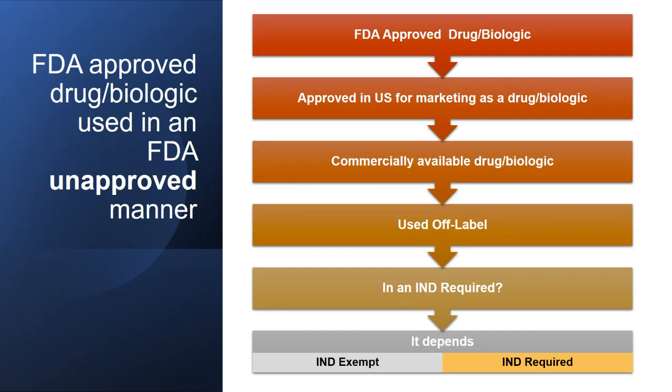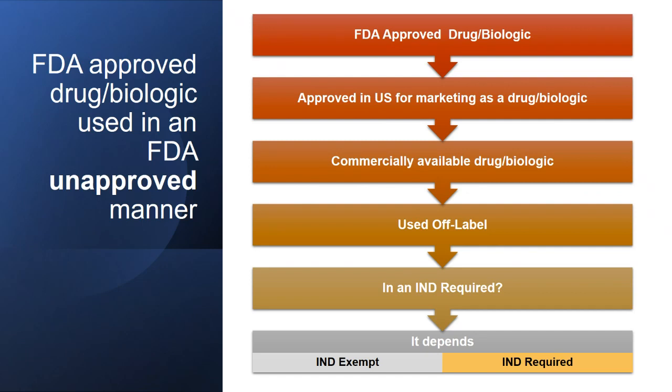So what is an FDA approved drug in an unapproved manner? Most of the time the FDA has already given approval for a certain indication, and if you are changing that indication, that is called off label. If you're not using the drug for what was proposed in the approved use, then it is called off label.